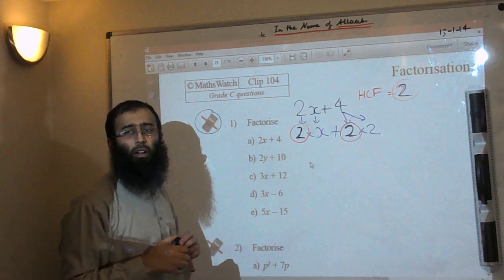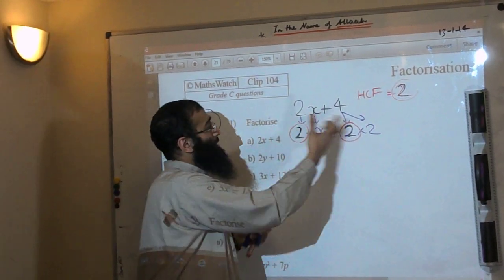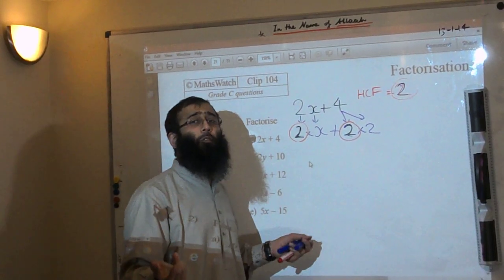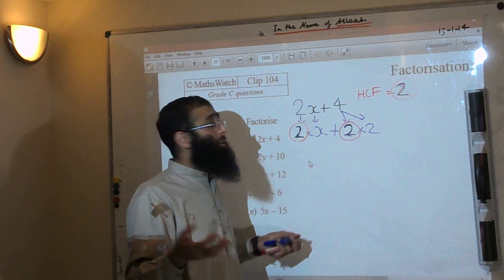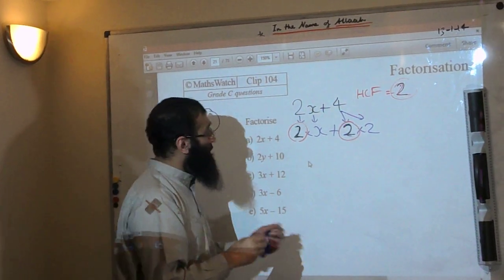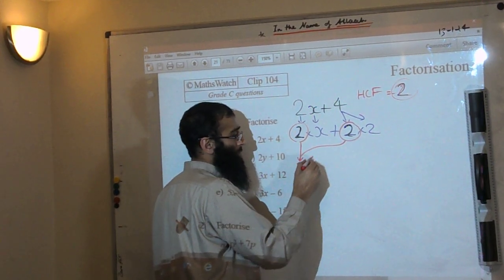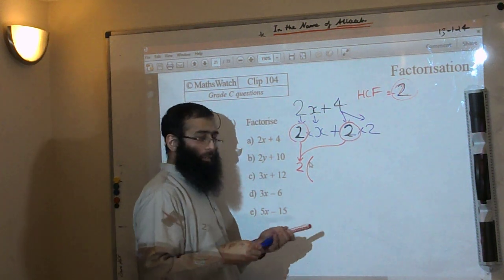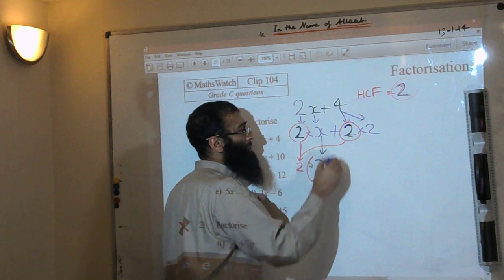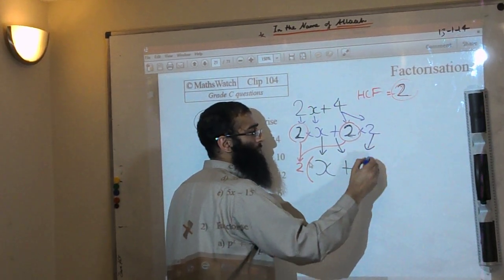Okay, so the highest common factor is 2. 2 is the biggest number that each part of the expression will divide by. So 4 could have been split up into 1 times 4, but that won't help us at all. What we do with that 2 now is we pull the 2 out. And now the next part is nice and simple. Just copy it down. Copy down the x, copy down the plus, copy down the remaining 2.